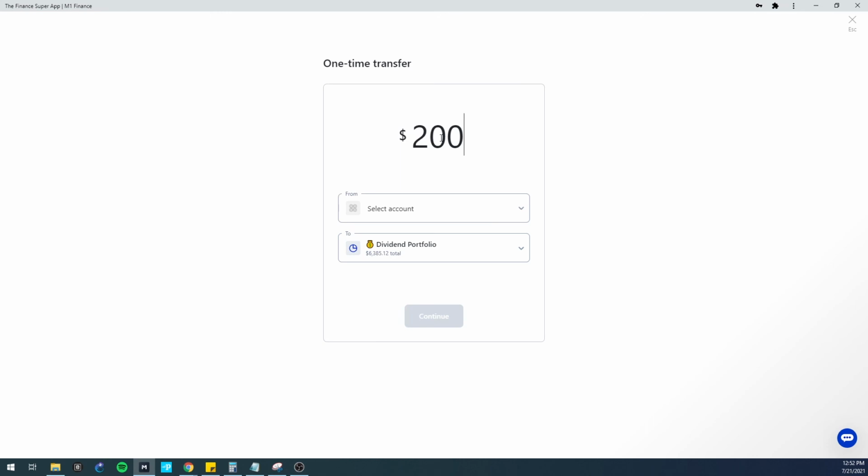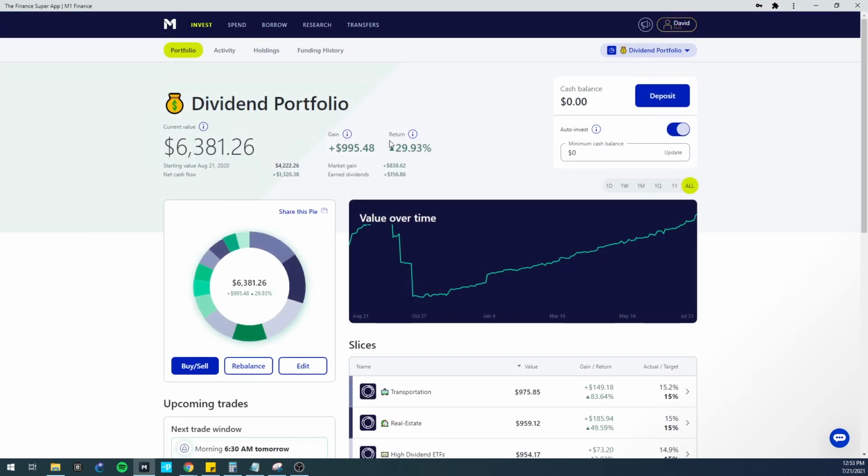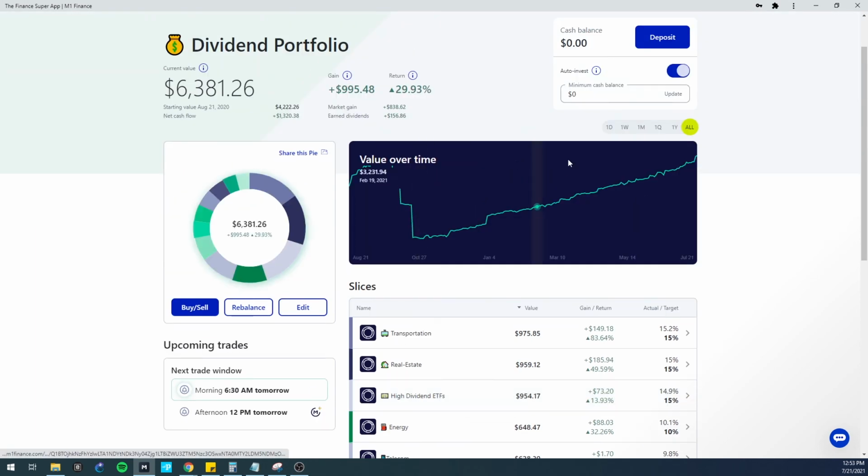You want to, or the market closed super badly and you want to take advantage of that, or if you're an M1 Plus member, the market opened, it's really bad, you're still in time for that next trade window, you can choose to set a one-time transfer, and you can transfer that way.